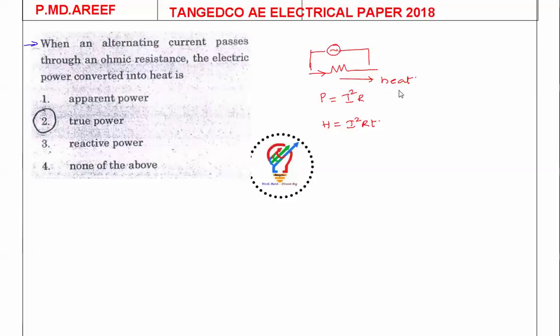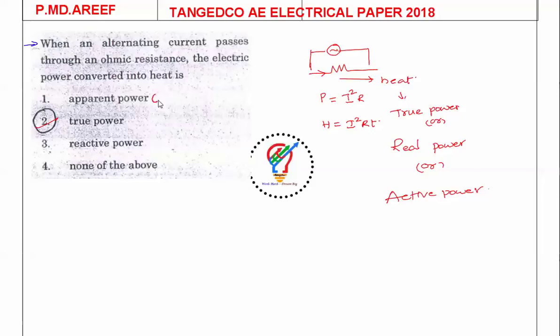So heat energy, if you talk about the power, is nothing but true power, or it is also known as real power, or also known as active power. So among the given options, the true power is the answer.